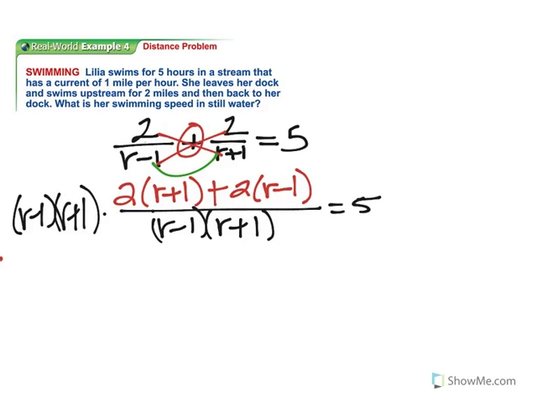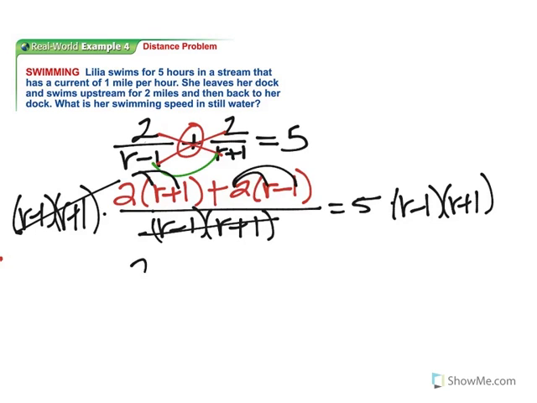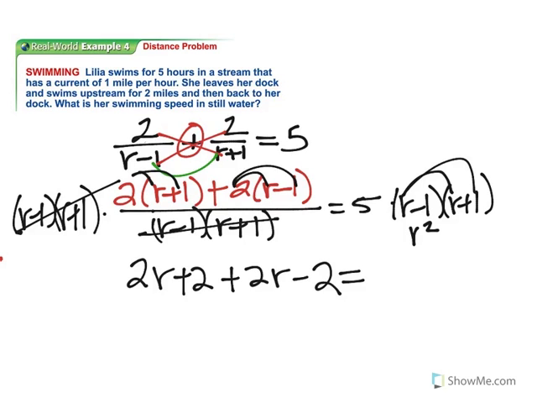So we get r minus 1 times r plus 1, and then r minus 1 times r plus 1 cancels out over here. Go ahead and distribute your 2's to get 2r plus 2 plus 2r minus 2. On the other side, if we FOIL, we get r times r, which is r squared, r times 1, which is r, negative 1 times r, which is minus r, and negative 1 times 1 is minus 1.